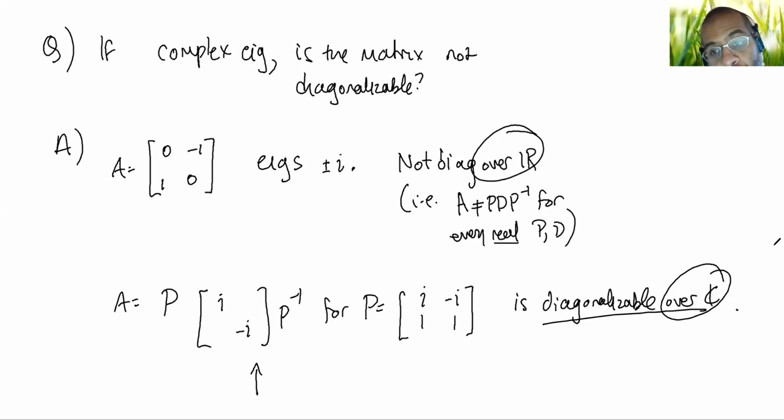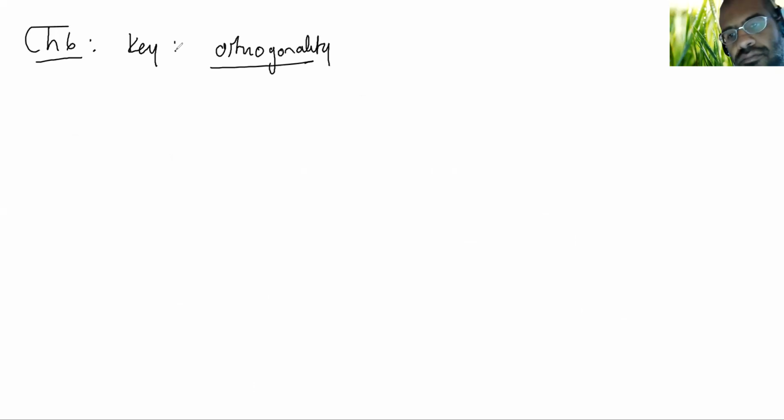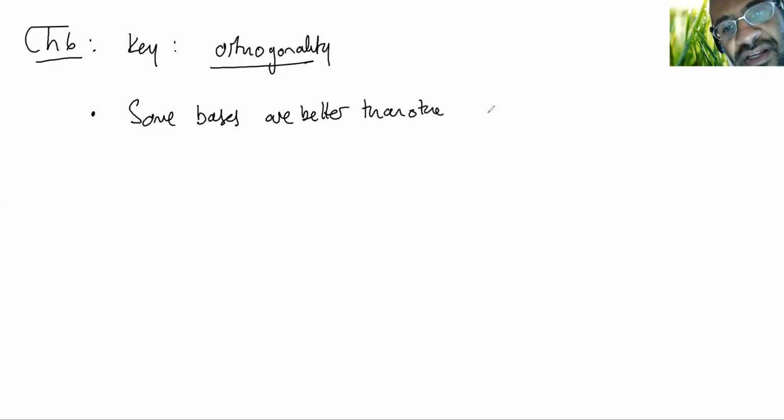Okay, I guess I'm really over time. Let me just say a tiny bit about chapter 6. The key new idea is orthogonality. And this means some consequences are that some bases are better than others. In particular, orthonormal ones. Previously we just talked about all bases being equally useful.